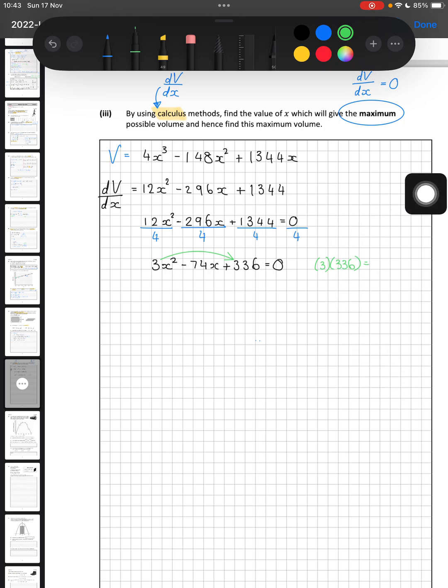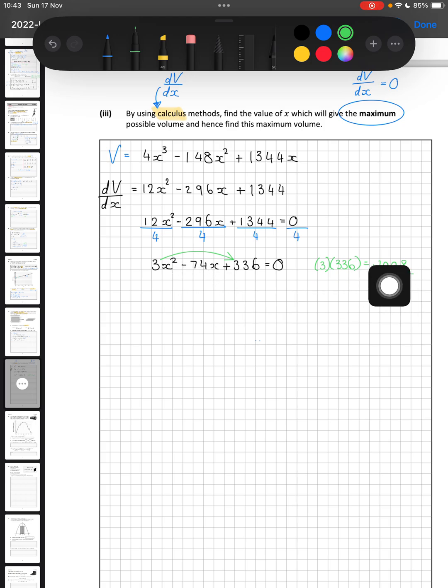Okay, so 3 by that is 1008. So I am looking for what multiplies to give me plus 1008 and adds to give me minus 74.